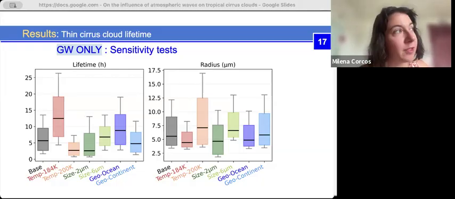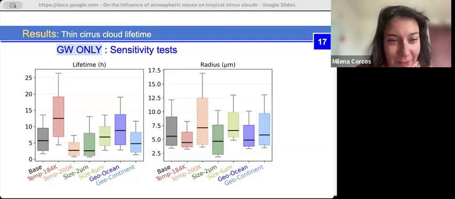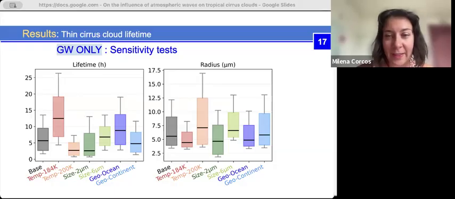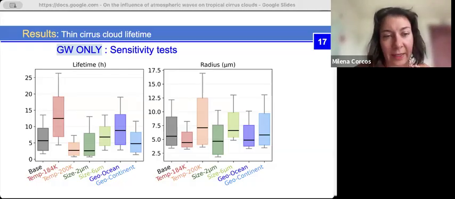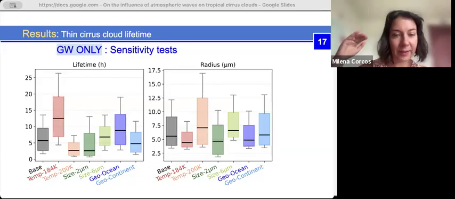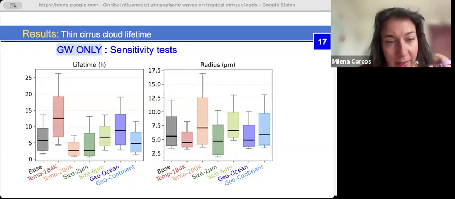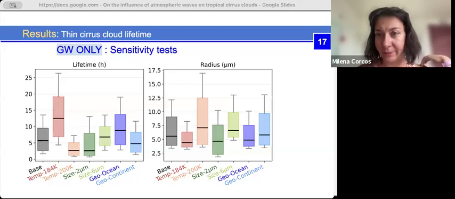And finally, for the different gravity wave environment conditions, we find this interesting effect that stronger gravity wave activity shifts the equilibrium crystal size towards larger values. I don't know if you remember, it was around 8 microns. We find a value a little bit more. And the next effect is a reduction of the cloud lifetime in more active regions.